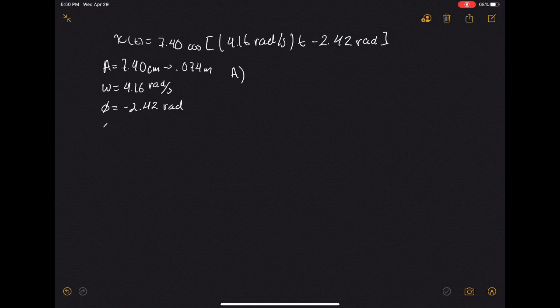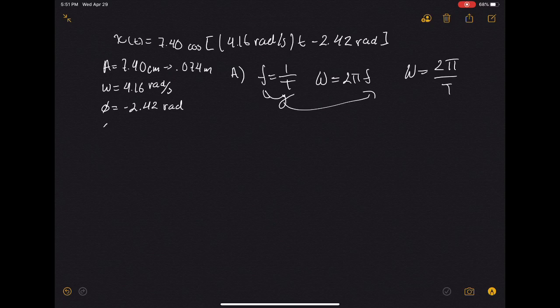So first, I've got these oscillation formulas, which are f equals 1 over T and angular frequency ω equals 2π f. So I put this formula in here, so I got ω equals 2π over T, and then I solve for time, T equals 2π over ω.